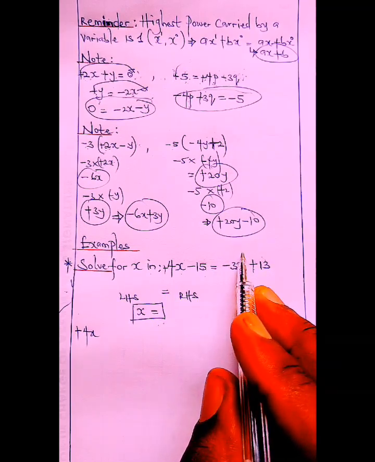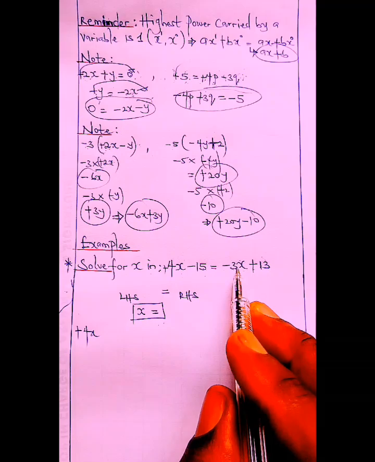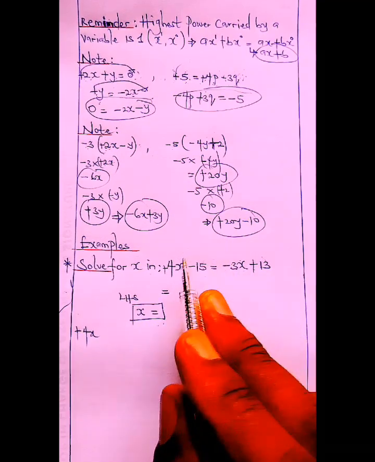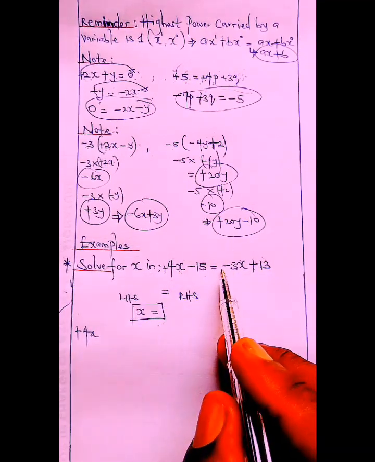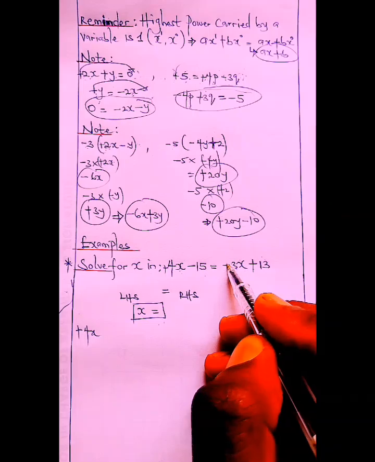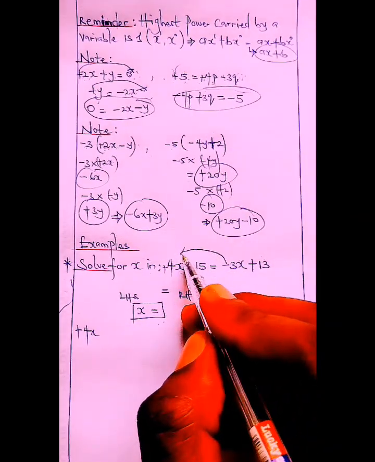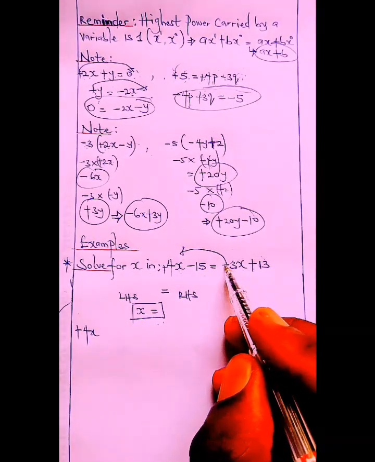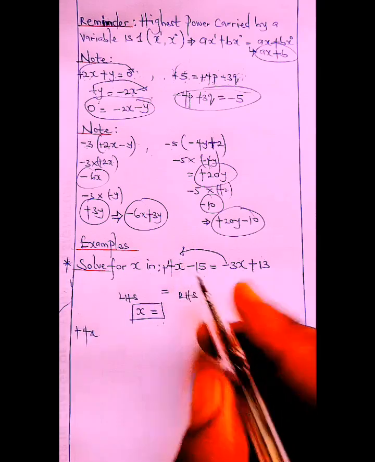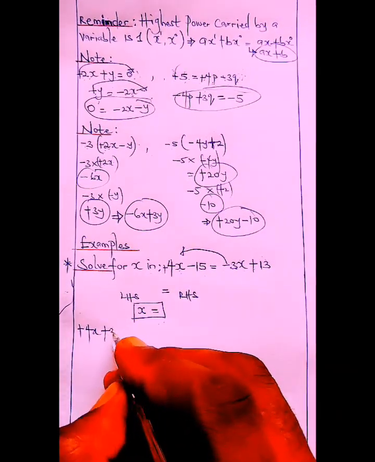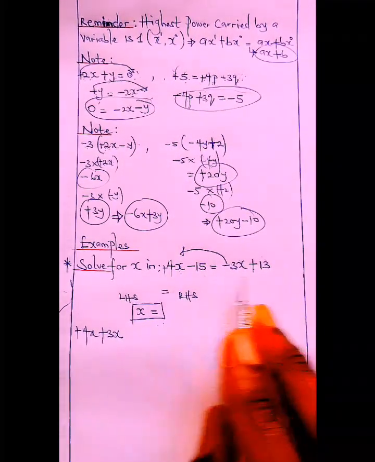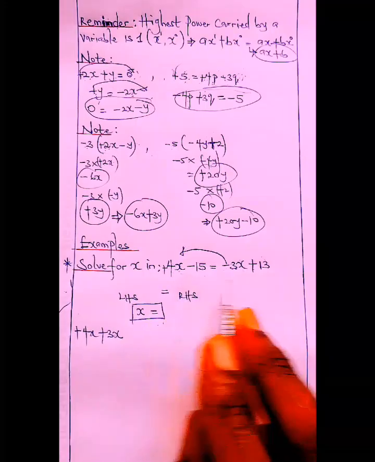We don't want any quantity with x on the right-hand side, so it has to cross to the left-hand side. In crossing the equality sign, the sign changes from minus 3x to plus 3x. Do we have another x again? No, so we are done with all the x.